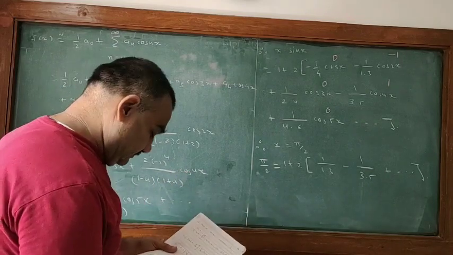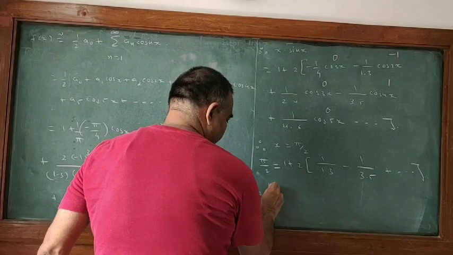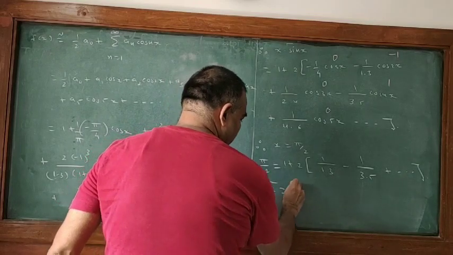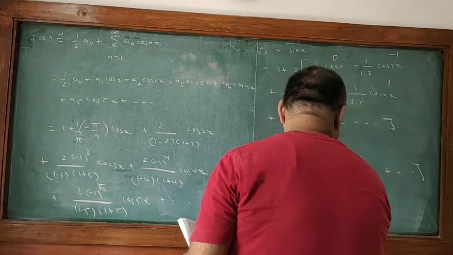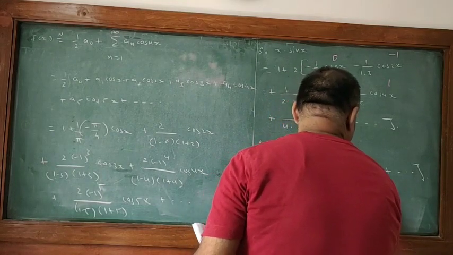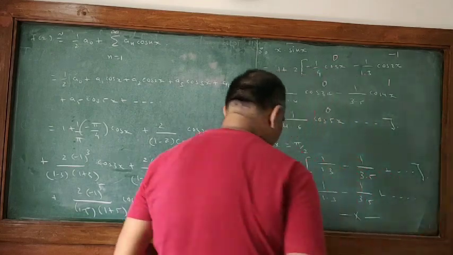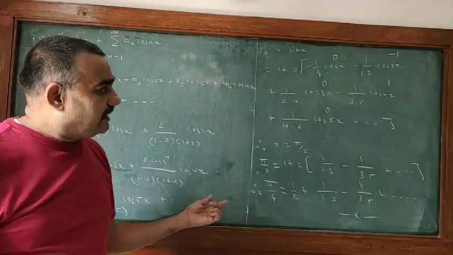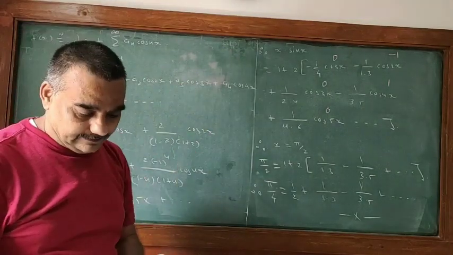If we divide both these sides by 2, therefore value of pi by 4 is 1 by 2 plus 1 by 1 into 3 minus 1 upon 3 into 5 and other terms. So this is pi by 4 expansion by the formula of x sin x.